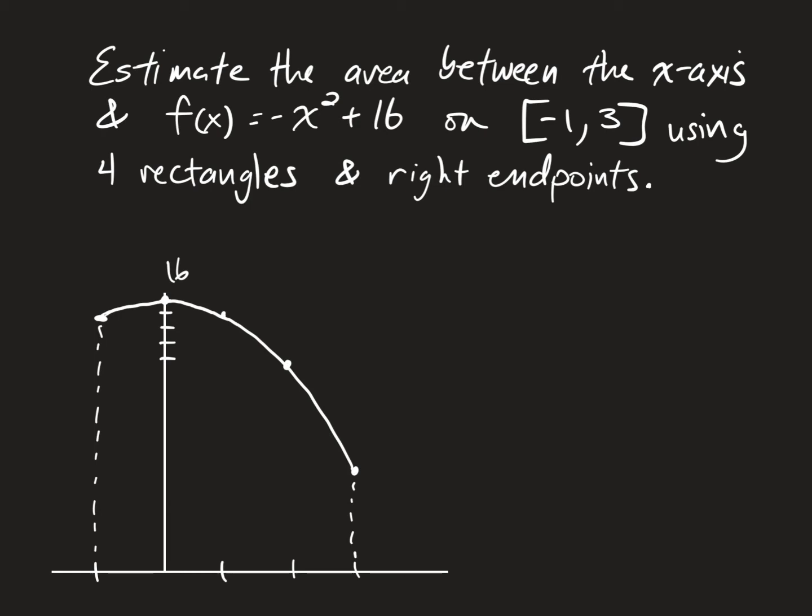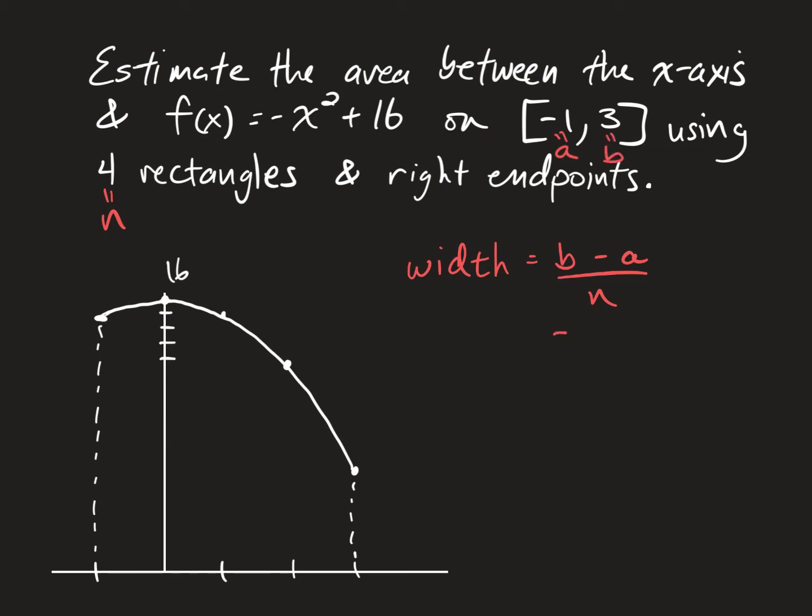Now you can find the width of the rectangles simply by subtracting the largest value of the interval, which is b, minus the smallest value of the interval, which is a, and then divide by the number of rectangles, which is n. So here, n would be 4, a would be -1, b would be 3.